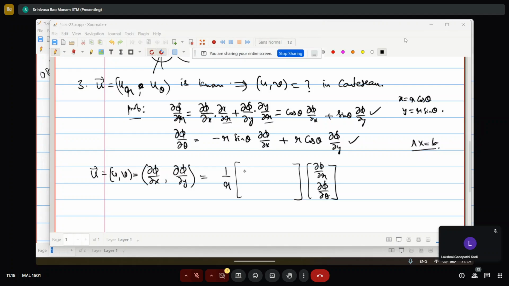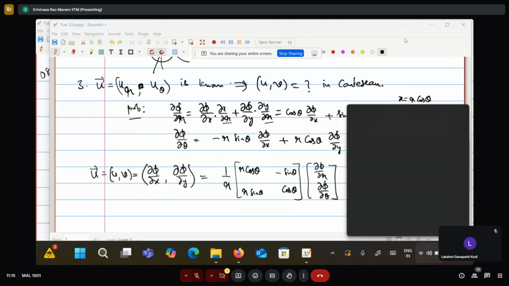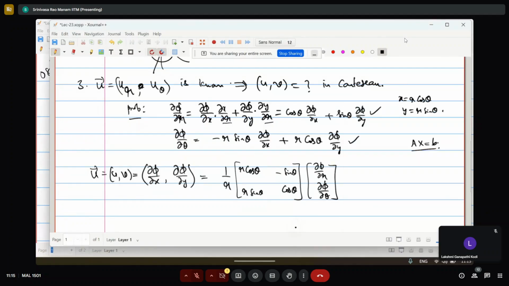I'm writing directly here r cos θ, minus sin θ, and here r sin θ. You see that minus b, minus c we are writing now. So in the inverse, this becomes positive, and here your AD becomes DA. So that's what you are seeing here, cos θ. Followed?